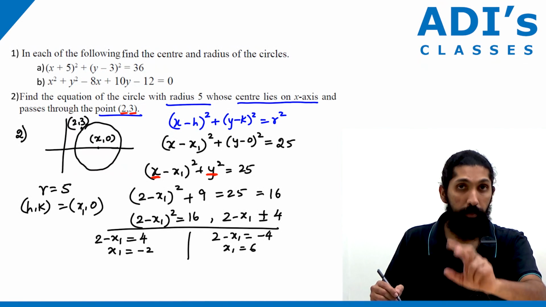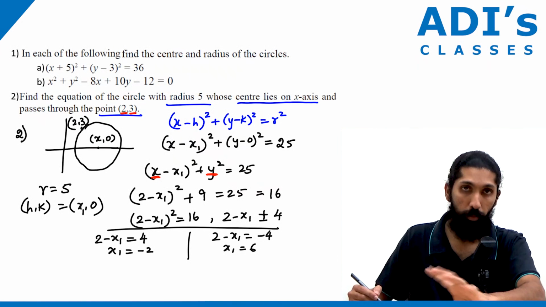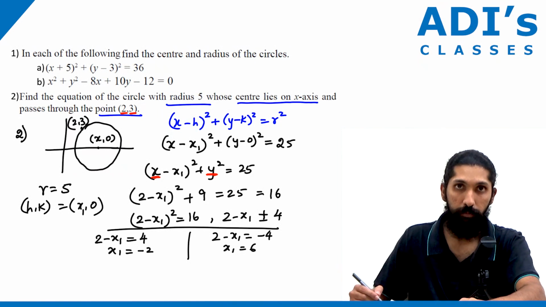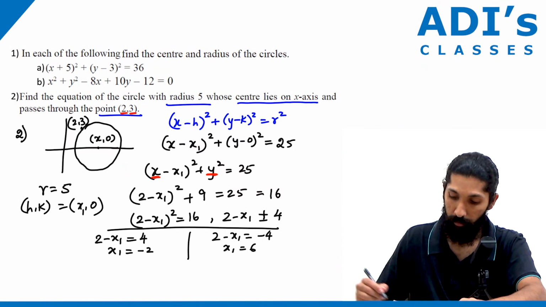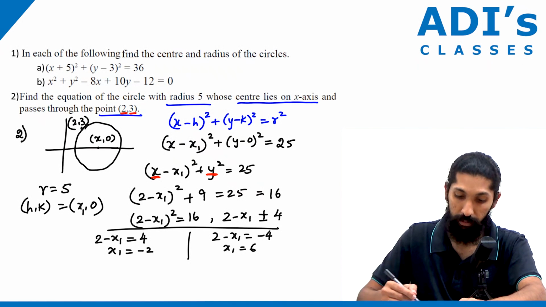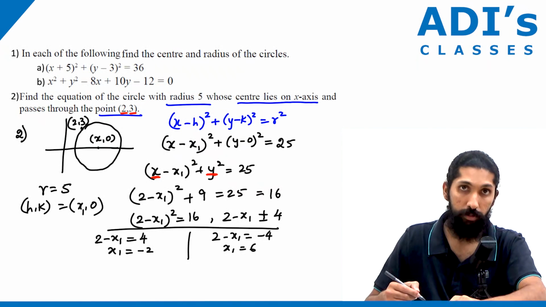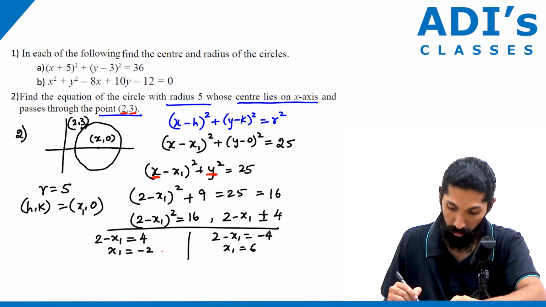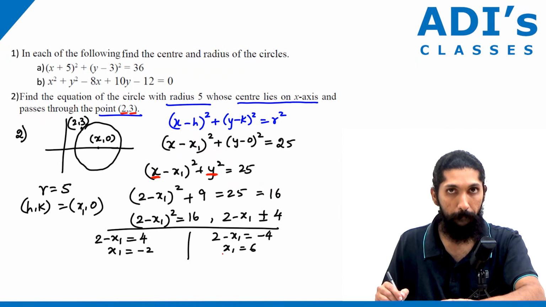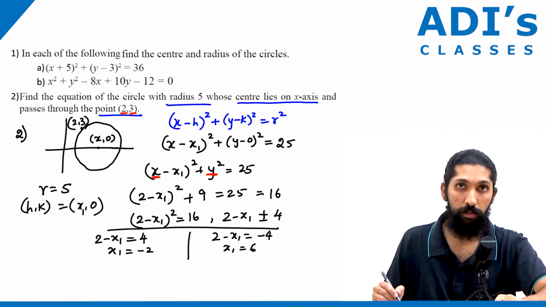That means both values are going to give you valid answers. So you have to find the equation of the circle, correct? You'll get two equations, one with center as minus 2, one with center as 6. Got it? So we'll do both the equations now.